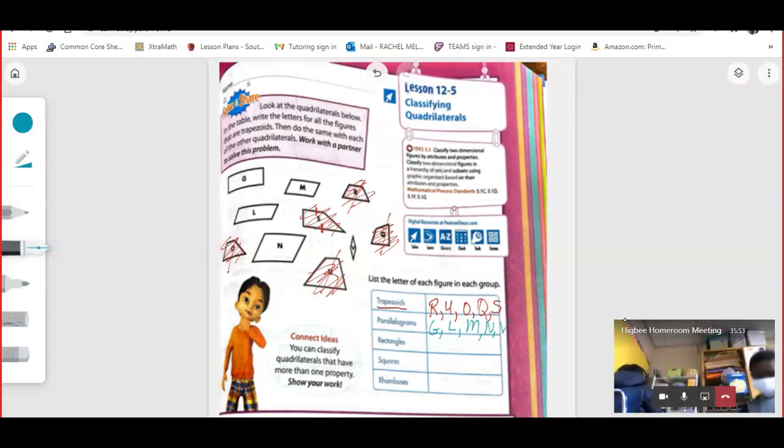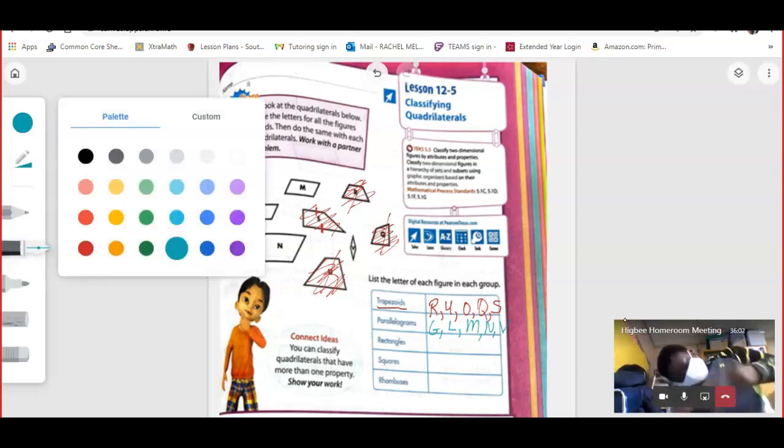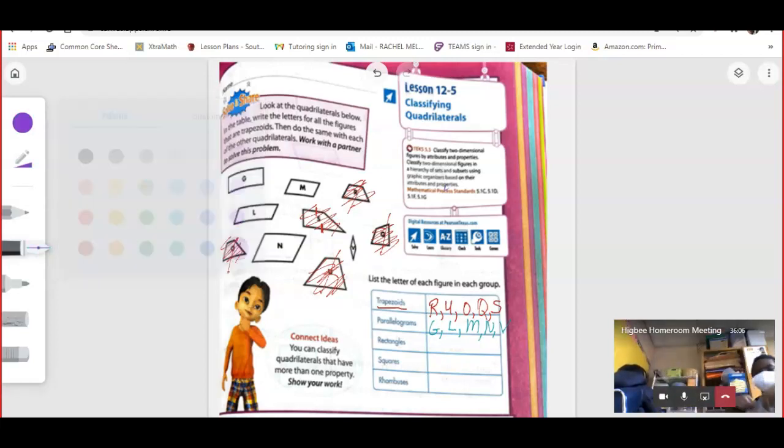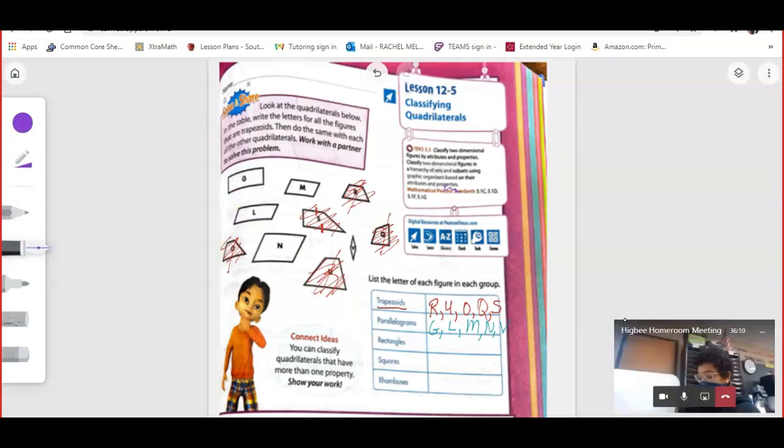I'm not going to cross those off because they could also be these other shapes. So now let's look for rectangles. Elijah, what's the definition of a rectangle? A parallelogram with 4 right angles. Does G fit that definition, everybody? Yes or no?